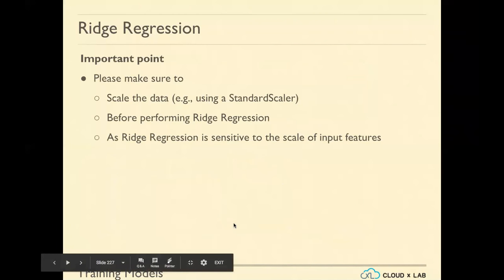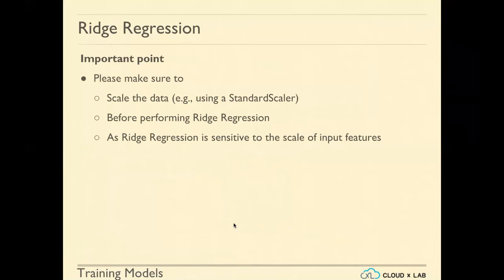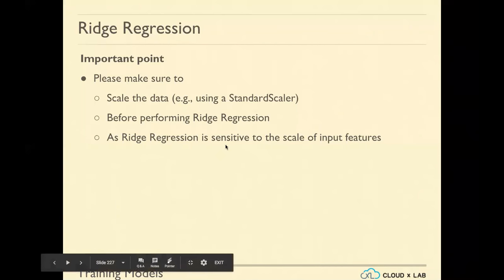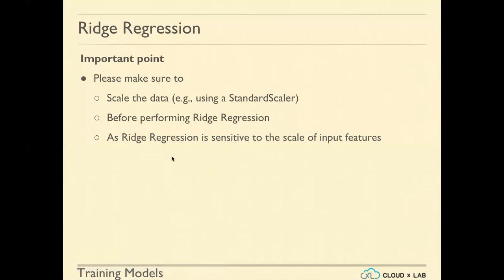One more thing that we must do before applying any kind of ridge regression is to scale the data so that all the feature values are between 0 and 1. Before performing ridge regression, we must do something like a standard scaler.